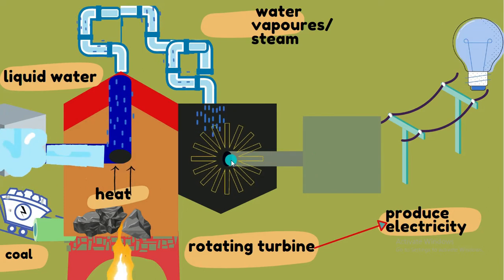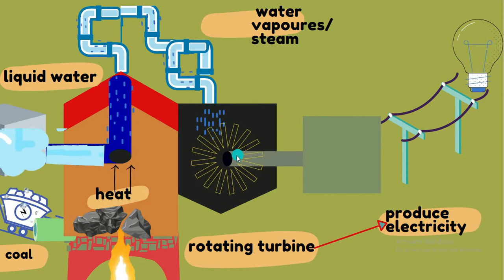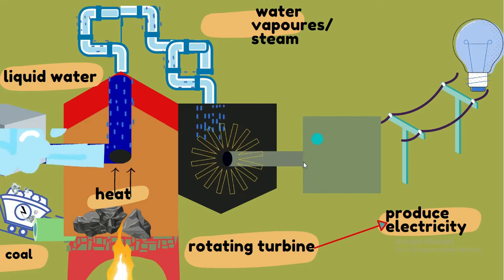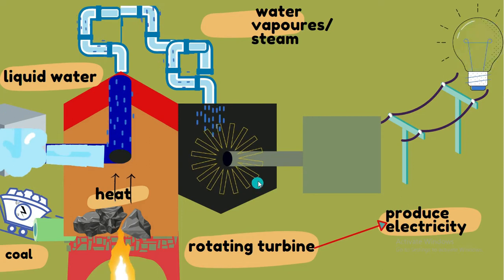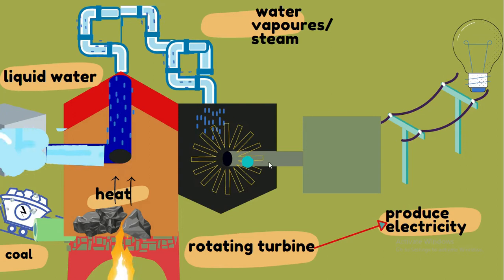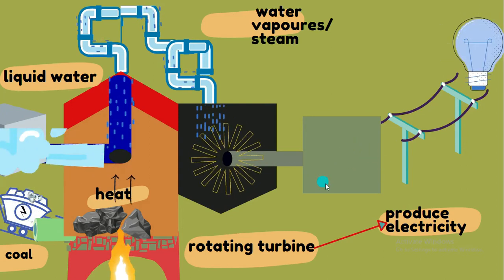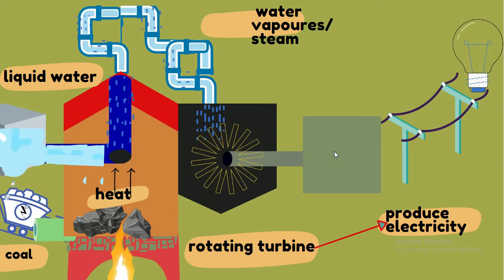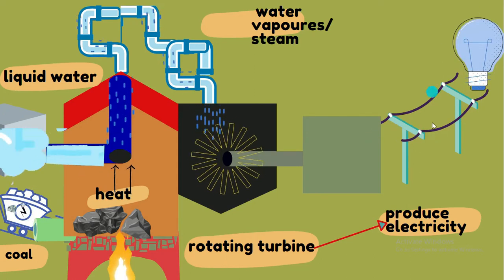Here is the dynamo unit, and when the turbine rotates, the dynamo starts to function. After that, the dynamo starts to function and produces electricity, and due to the rotating turbine, we can produce electricity.